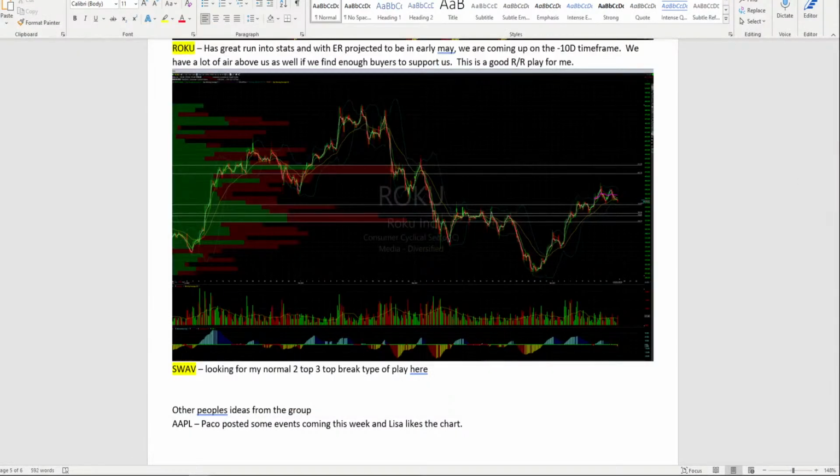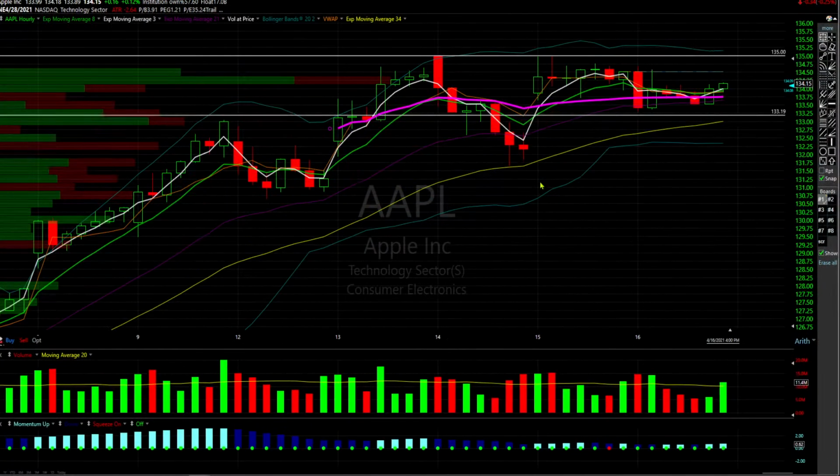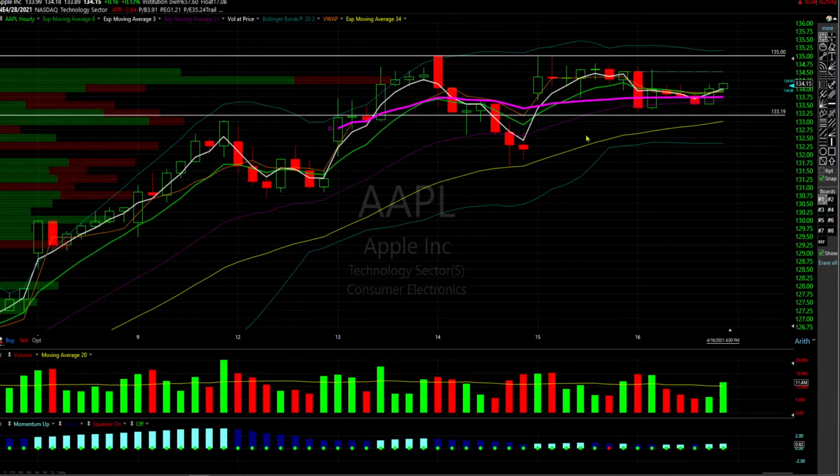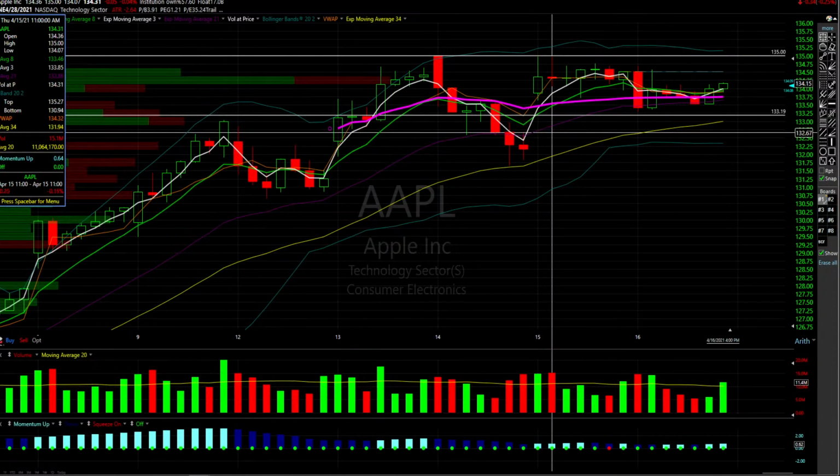I'm actually going to post something real quick. So I'm going to drop an anchored VWAP just from the breakout line. And what I want you to see is, structurally, you see we've kind of come back and filled this gap to the wick. You still have this gap.